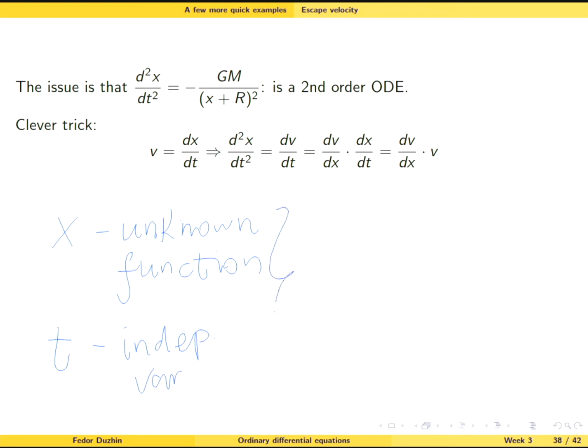What we are going to do is change it to something else.